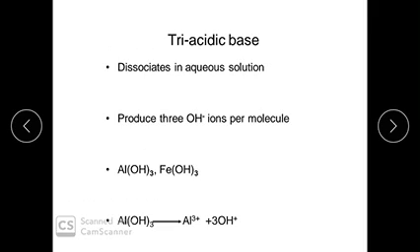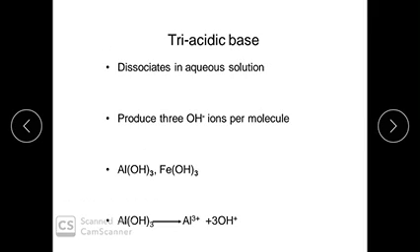Next one is triacidic base. It is also the same. These also dissociate in aqueous solutions and produce three OH minus ions per molecule. Then it is called a triacidic base.